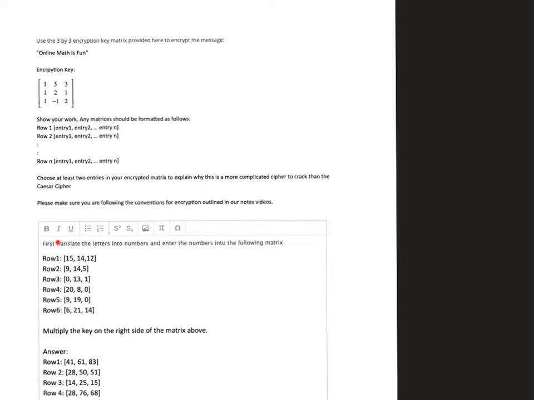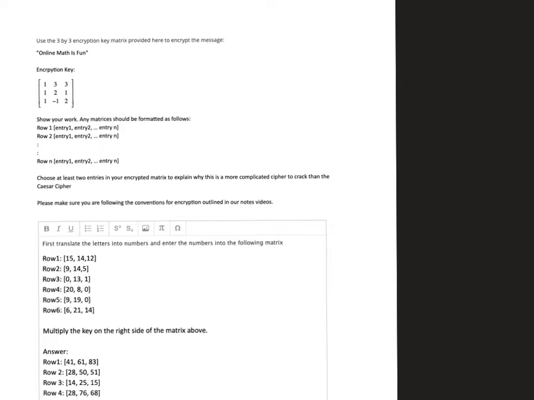So my work would be to first translate the letters into numbers and enter the numbers into this matrix. A question that we addressed in the notes for this section was how do I know how big this matrix should be? Well, as it says here, please make sure you are following the conventions for encryption outlined in our notes videos.